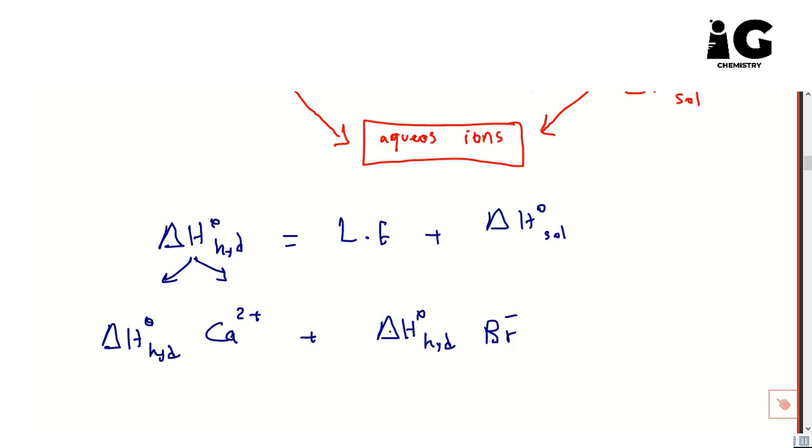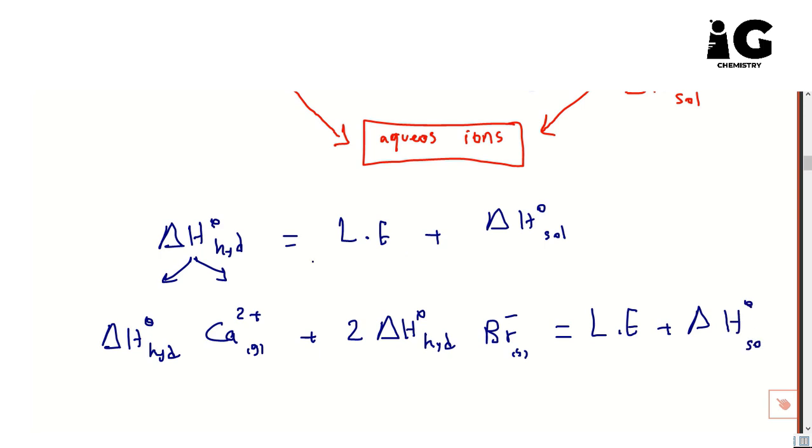And we need to remember, guys, this is times 2 because we have Br2. So this is calcium, and here this is gas, and this is gas also. Both of them equal the sum of lattice energy plus standard enthalpy change of solution.